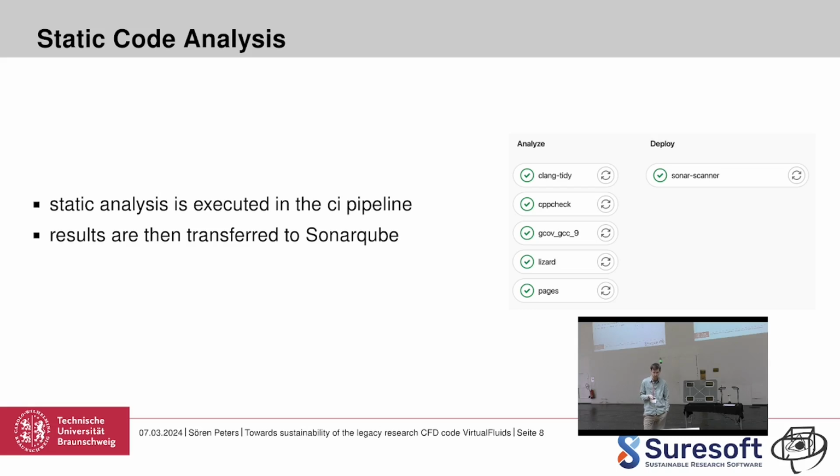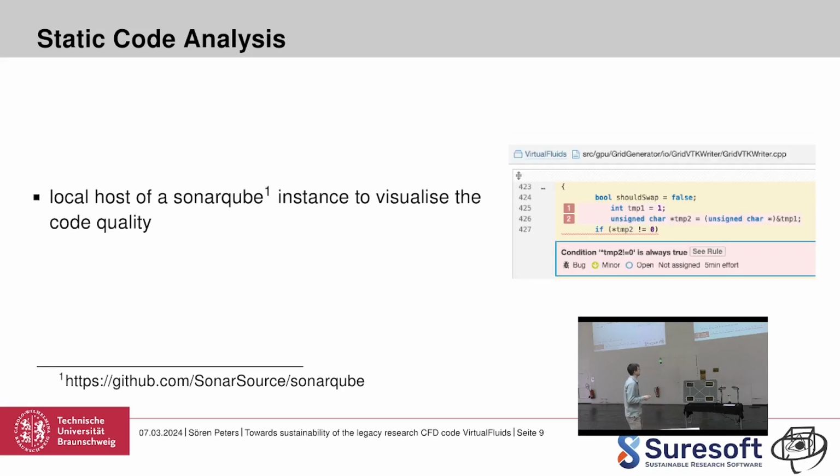Researchers can take a look at their latest changes and have a visualization of these static code analysis results. For example, here on the right, we have a comparison which is always true. This is probably a bug, I don't know, but then you can take care of this.